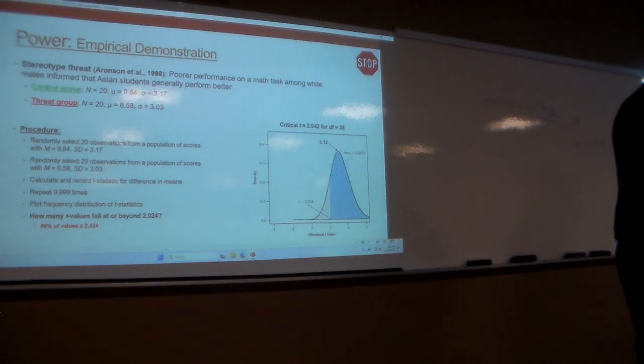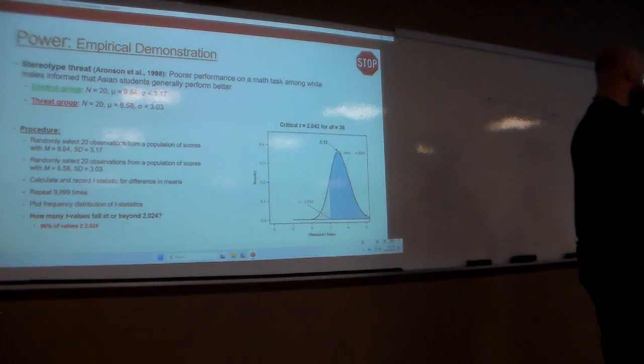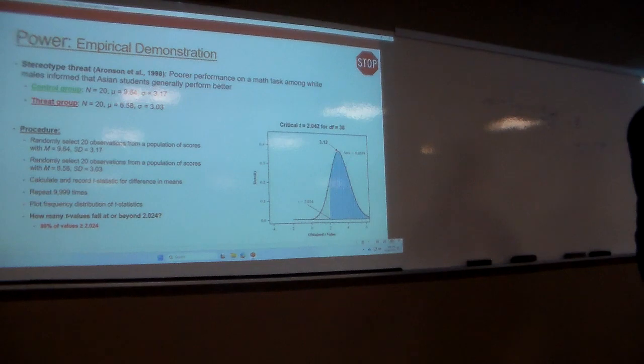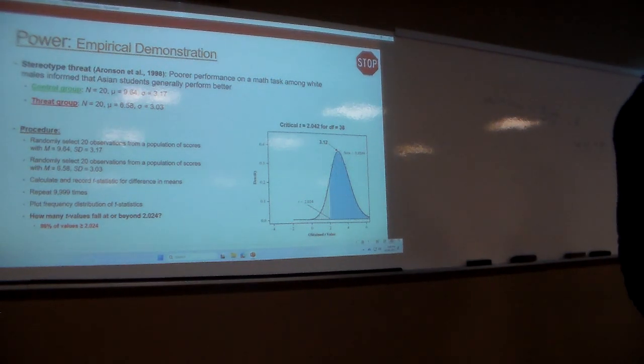But sometimes, if this is the population mean and standard deviation, and this is the population mean and standard deviation, we're going to get samples where my threat group is performing better than my control group. Not often, but sometimes, right? And sometimes I'm going to get samples where these two are actually pretty close, right? But of these, how many of these test statistics are going to allow me to reject the null hypothesis? So what is the value of my power in this example?